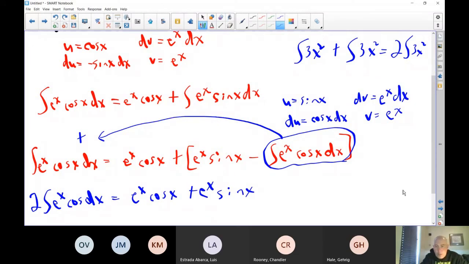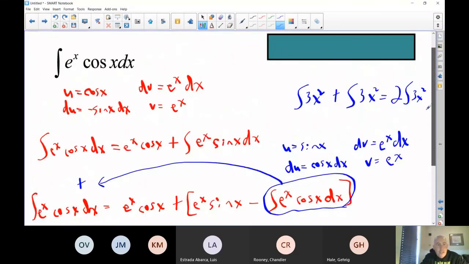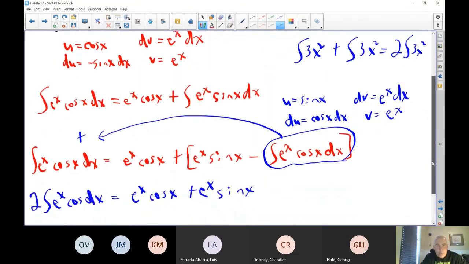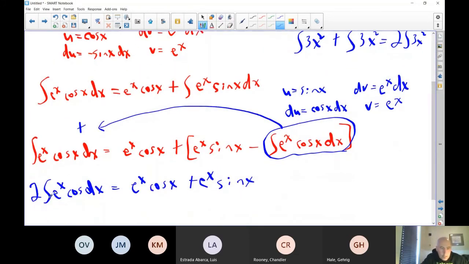The only thing is, the original question, if you look at it, was the integral of e to the x cos x dx. I have twice the integral of what I was looking to figure out. Easy to fix. Divide by 2, divide by 2. There's your answer.